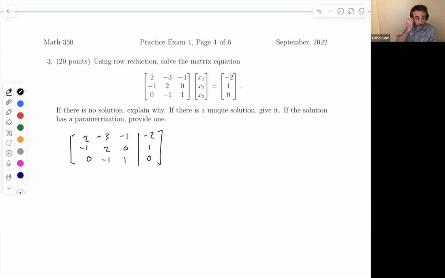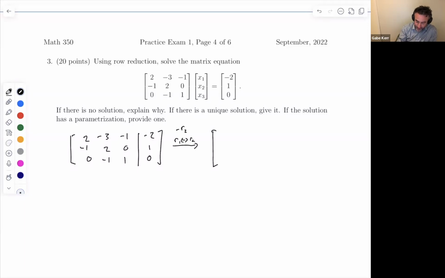All right. So first thing I'll do is, again, row reduction does not have to follow a particular form, but I'm gonna just do a couple of things at once. I'll multiply row 2 by -1, and then I'm going to switch row 2 and row 1.